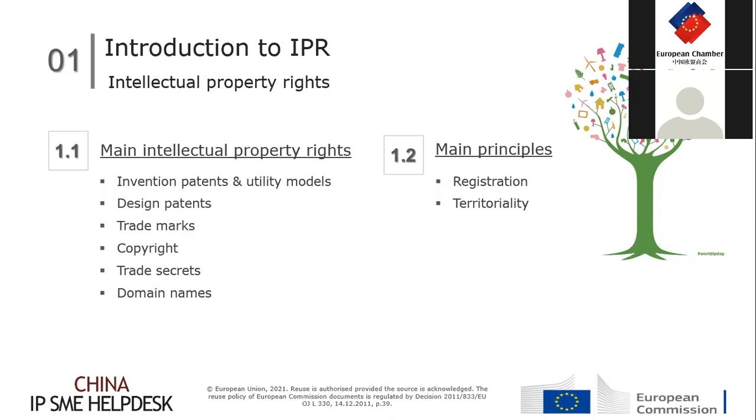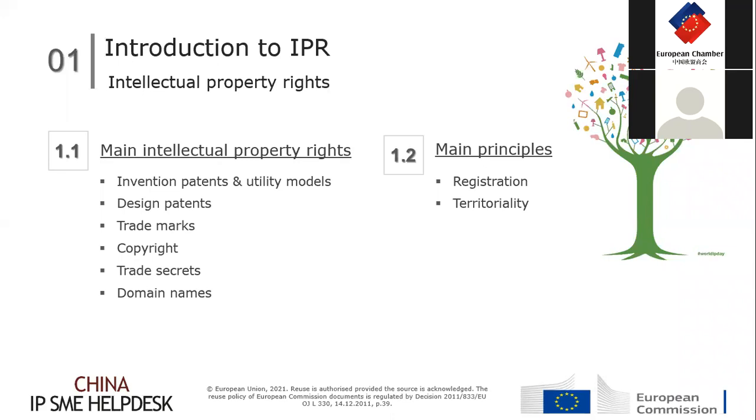For example, it could be a mobile phone, or it could be the process of how to produce a mobile phone. Design patents protect the aesthetic aspect of a product. It's only how it looks, how it is presented to consumers, but not any aspect related to functionality.